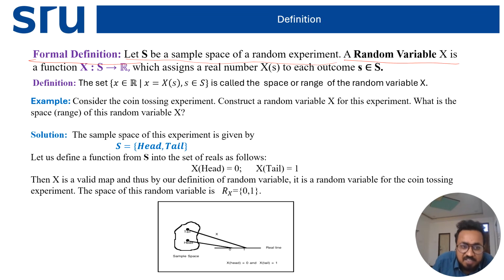A random variable X is a function from S to R which assigns a real number X(s) to each s belonging to S. As this is a function, we can also define a range or space of this random variable, the set of X(s) such that s belongs to S. Each element which is associated with the random variable is called the space or range of this random variable.